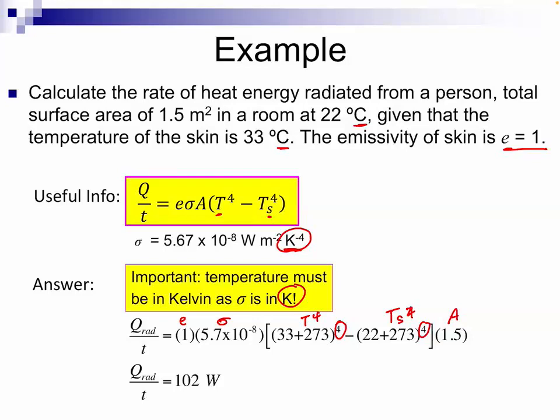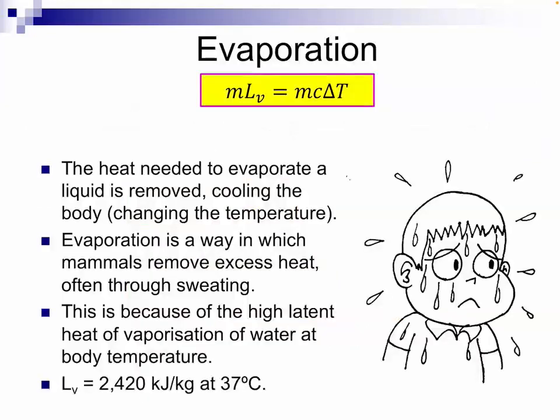So now we have seen and learned the three mechanisms for heat transfer. There is one special case called evaporation, which is also sort of a means of changing the temperature of an object. I discuss evaporation because it's quite unique. So in evaporation, usually sweat.